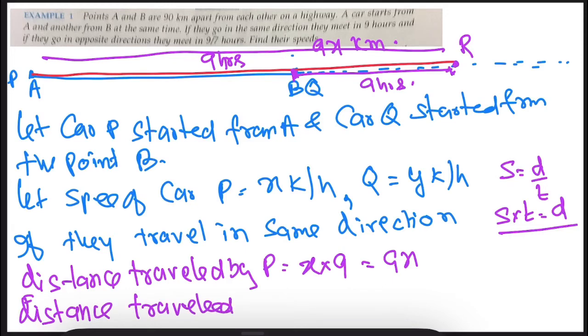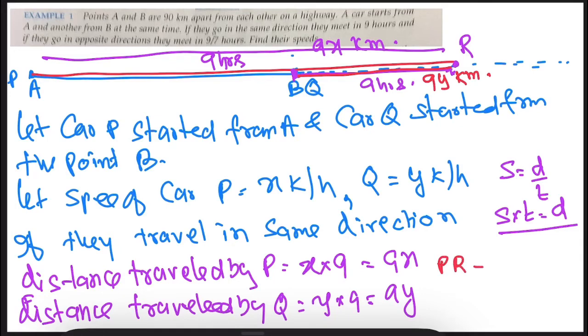Then the distance traveled by car Q is y into 9, that is 9y. That means from here to here it is 9y kilometers. Got it? So now the AB distance, that means the PQ distance, equals PR minus QR.